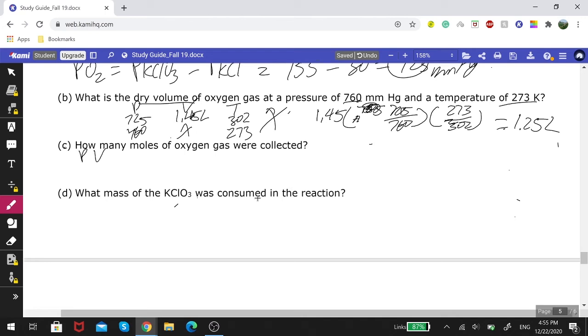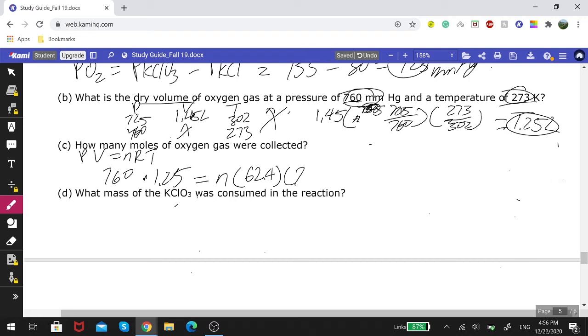So now let's use the PV equals nRT formula, where pressure is 760 times the volume in liters, which is 1.25 as we just found. Now that equals x amount of moles times, let's see, we're using mmHg, right? For mmHg the gas constant is 62.4, multiplied by 273 Kelvin, and that's from here.